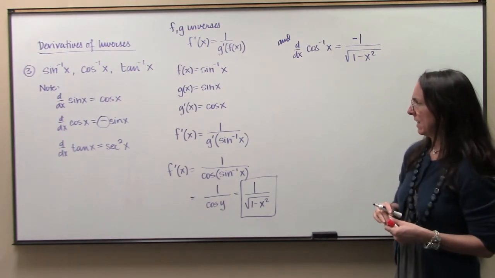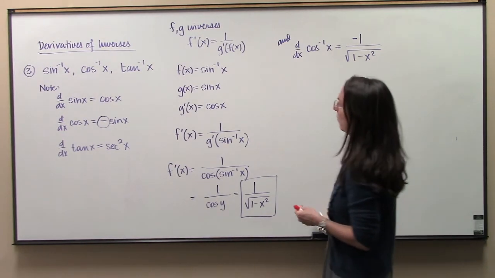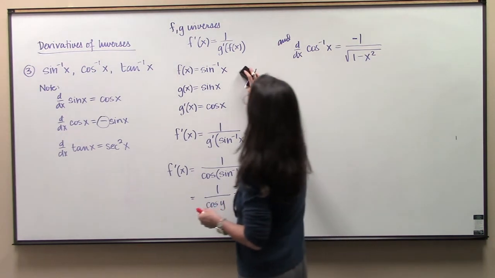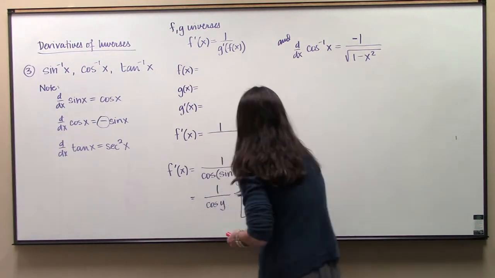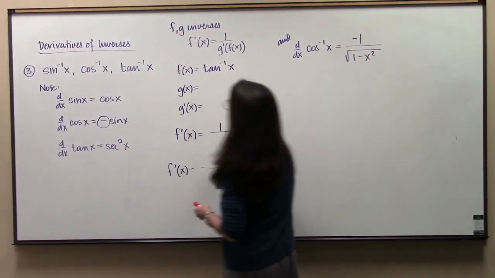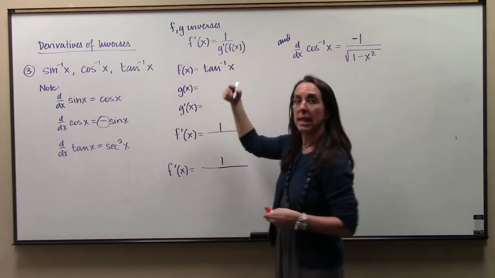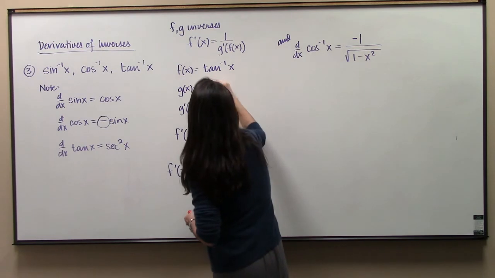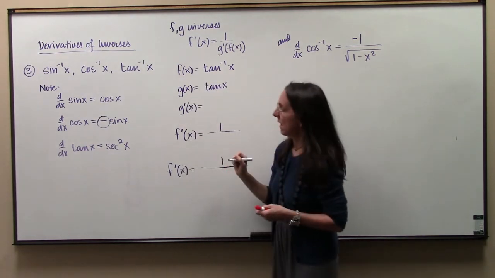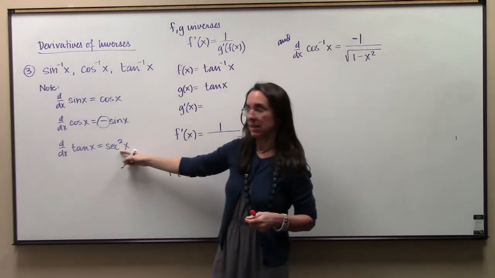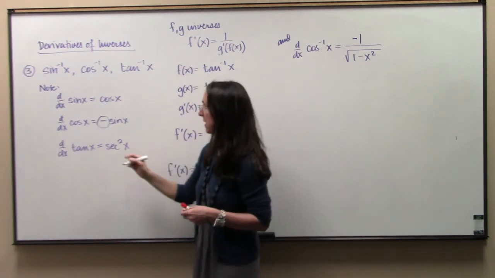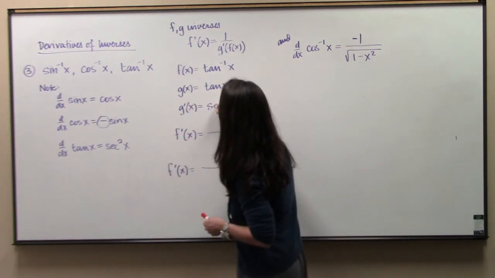Let's look at tangent, though. So if we run through this procedure with tangent, so if f and g are inverses of each other and f is arctan, then g is just going to be tangent, right? And you'll see in class this week why this is true, but for now I'm just going to use it.